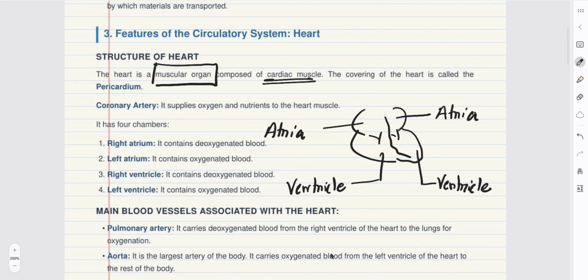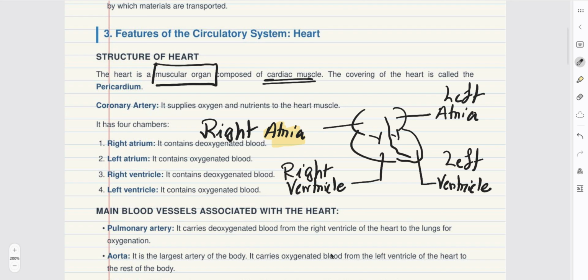So the atrium that is on the left over here, we actually call the right atrium. The opposite one would be the left atrium. The one below the right atrium is the right ventricle, and the opposite is the left ventricle.